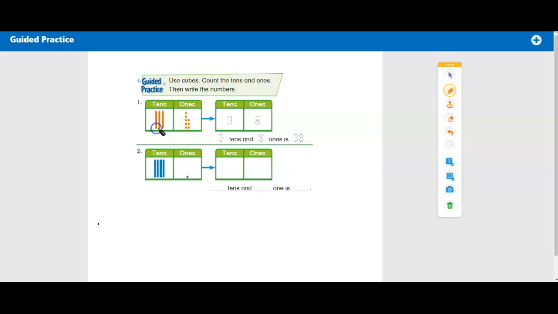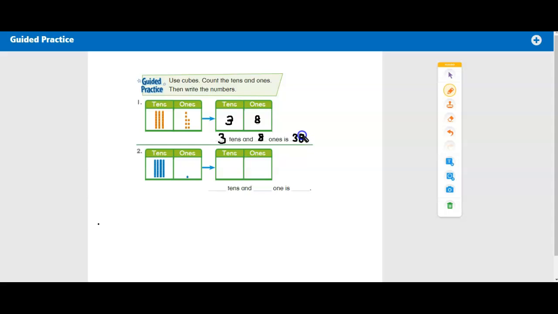There are 1, 2, 3 tens and 1, 2, 3, 4, 5, 6, 7, 8 ones. 3 tens and 8 ones is 38.